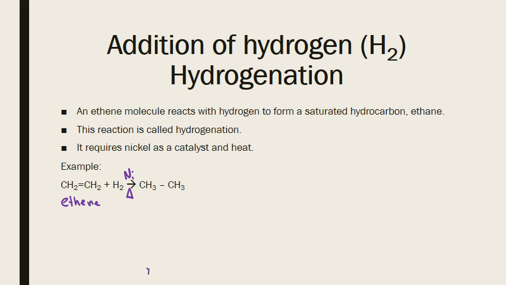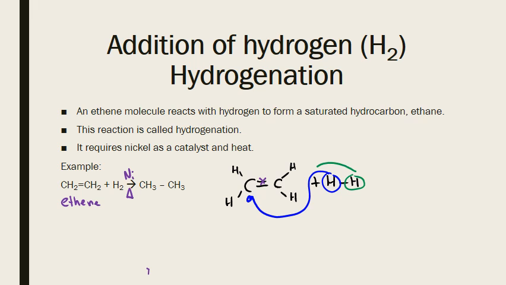I'll draw the structural formula for this. So we have CH2 double bond CH2, plus H2. And what will happen is this molecule will come and break this bond here. This H will attach itself to this carbon, and this H will attach to this carbon.